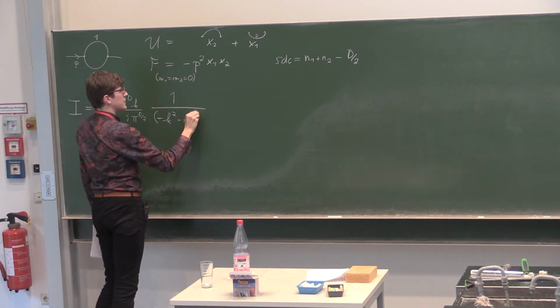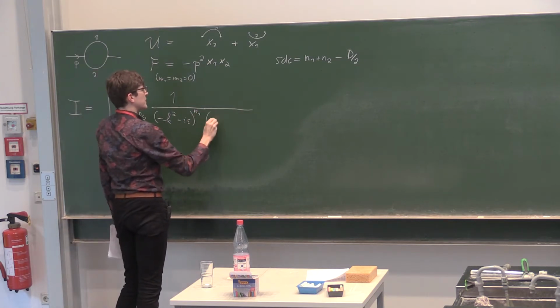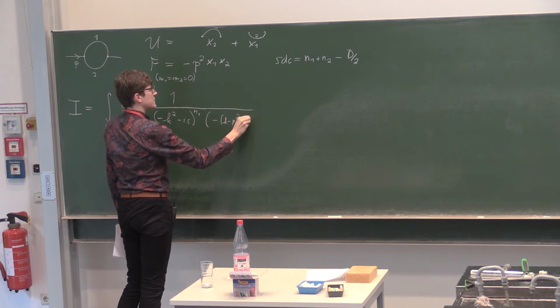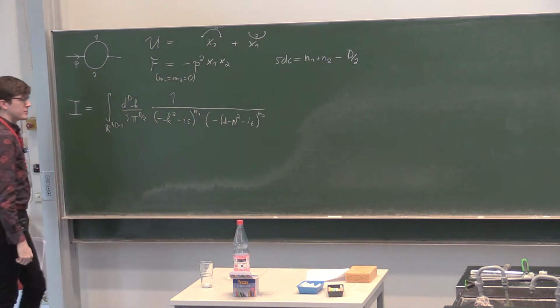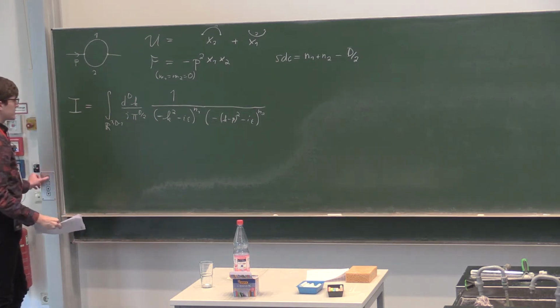This one, and n1 would be the power that I raised this propagator to. And then we also have another propagator, in this case with n2. So this would be the general kind of integral you might want to look at for this graph. And then the parametric formula for this one.